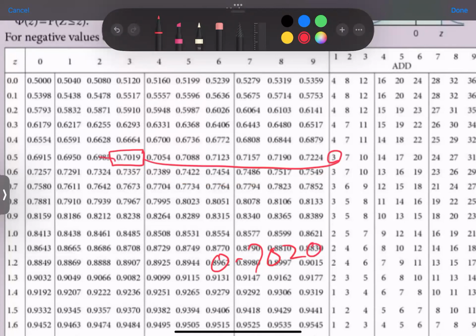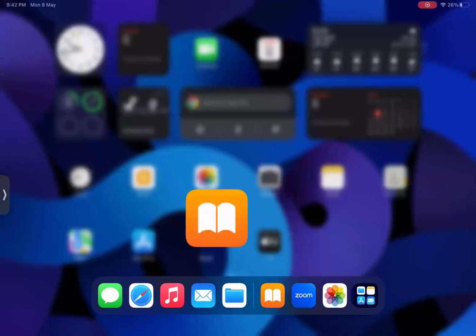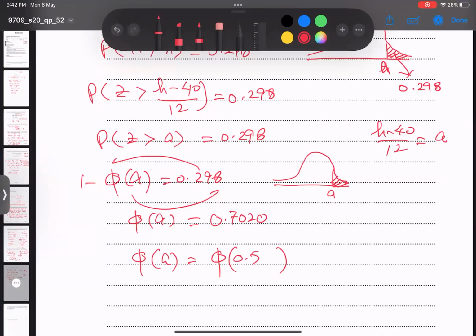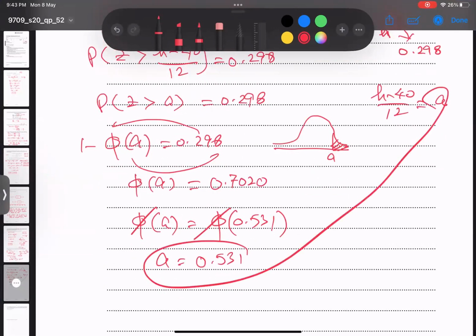So from here 0.5, from here 3, and from here 1. 0.531 we take here. Afterward, this 5 I cancel from both sides. I get 0.531, and this value I'm going to plug in here.